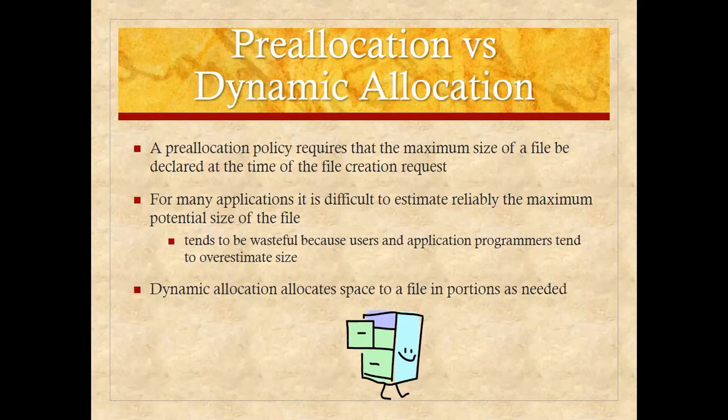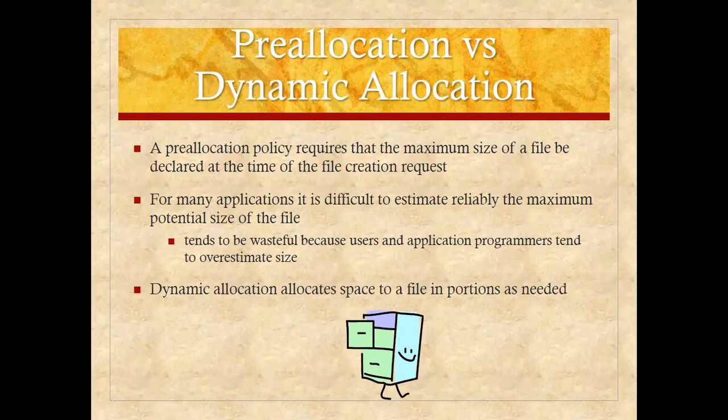Dynamic allocation means your file may change its size, increase or decrease in the future. For many applications, it is difficult to estimate reliably the maximum potential size of the file. Pre-allocation tends to be wasteful because users and application programmers tend to overestimate size.